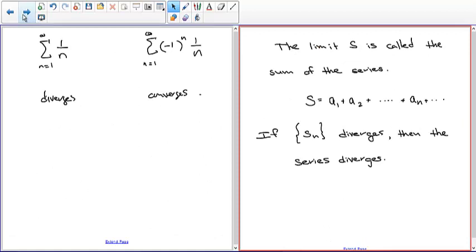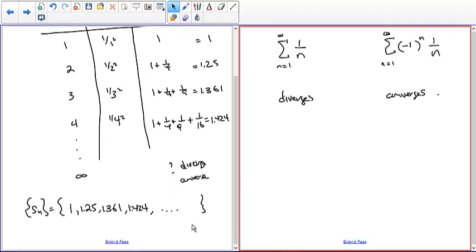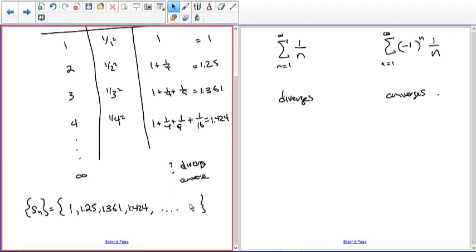So the limit S of these partial sums is called the sum of the series. So if we take the limit, so we go back here, this last term here, when n goes to infinity, that's the value.